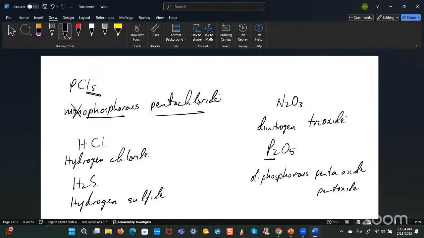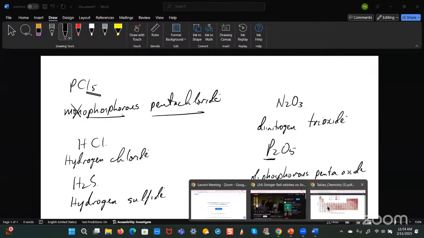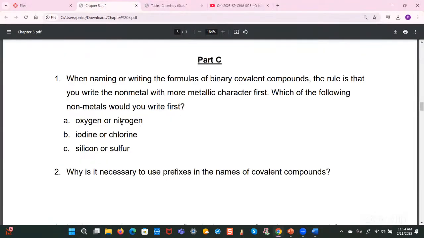So let me get to the assignment. Okay, so let's start off with number 1. It says, when writing the name or formulas for binary covalent compounds, the rule is that you write the non-metal with the more metallic character first, which is the same thing as I said before, the one with the lower electronegativity value.